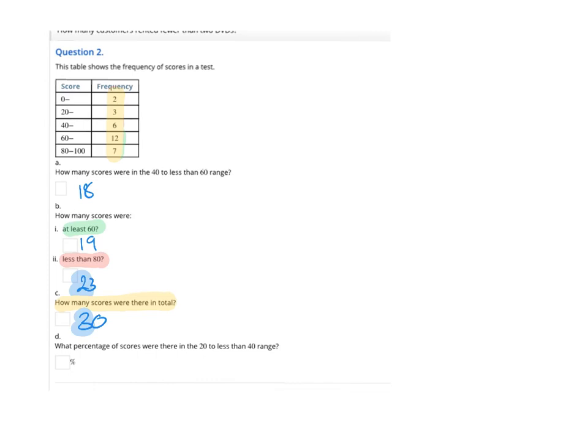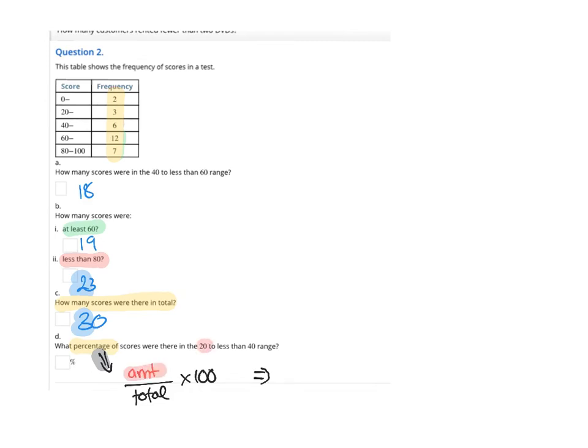Now, we've got to start being really careful here where they say what percentage. When you see the word percentage, what I want you to do is always write this: amount over the total times 100, because that's how you find a percentage. So when I say amount, that is how many they are talking about.